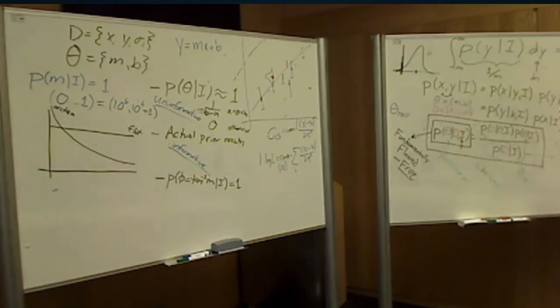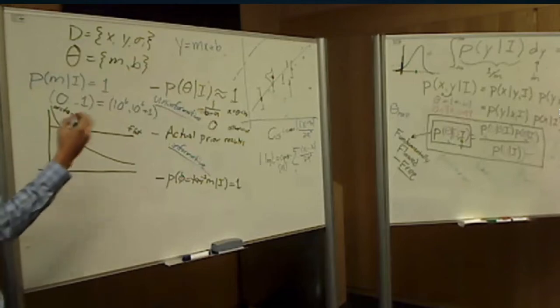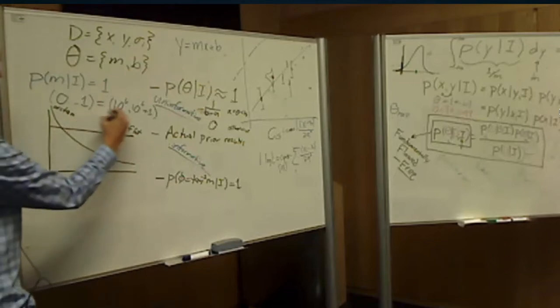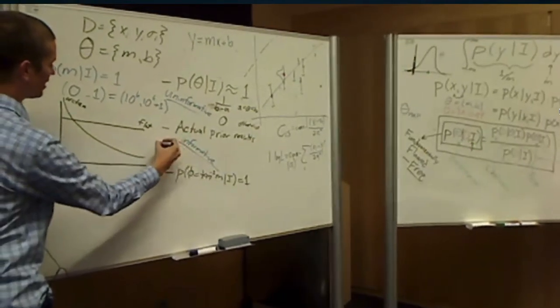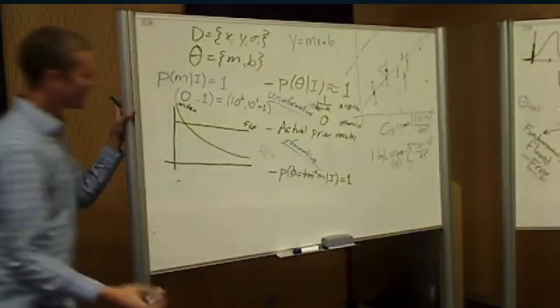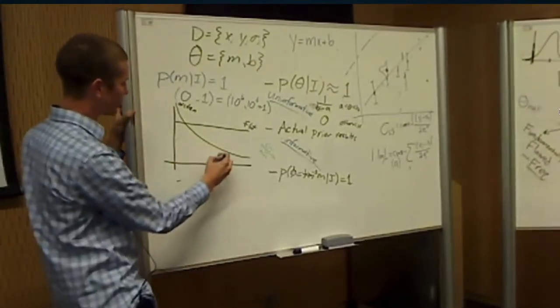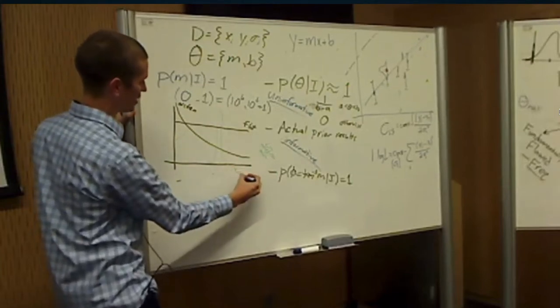The only time this really matters is, let's say you don't have very much data, your likelihood looks like that. So this is L with not much data. And then if you have a lot of data, your likelihood looks like this. So this is lots of data.